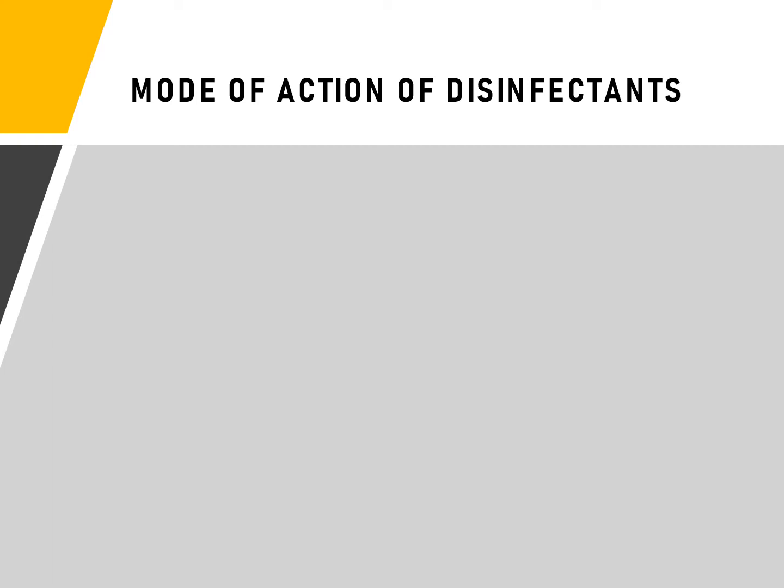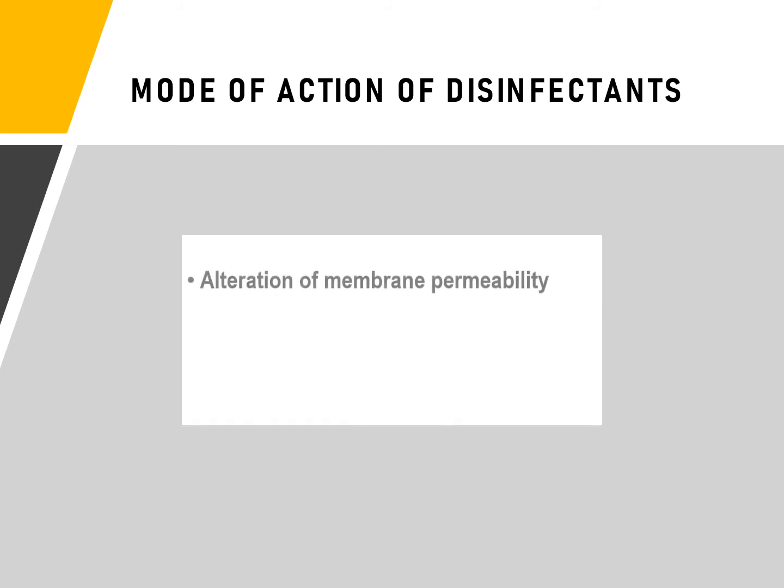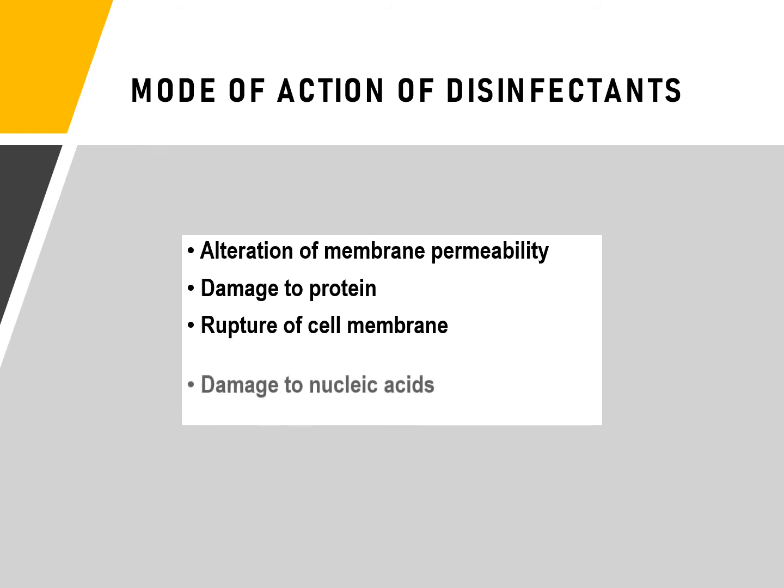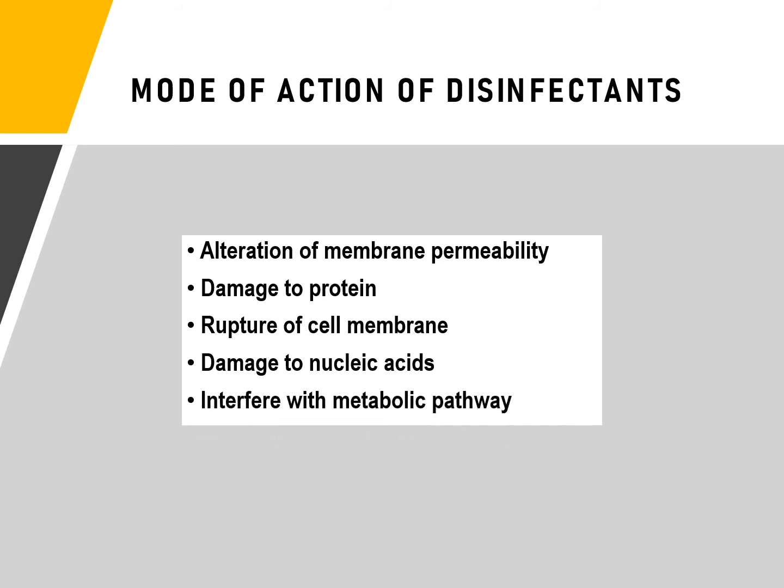Some of the modes of action of our disinfectants are the following: alteration of membrane permeability, damage to protein, rupture of the cell membrane which leads to the release of the different organelles of the microorganism, damage to nucleic acids, and interference with the microorganism's metabolic pathway.